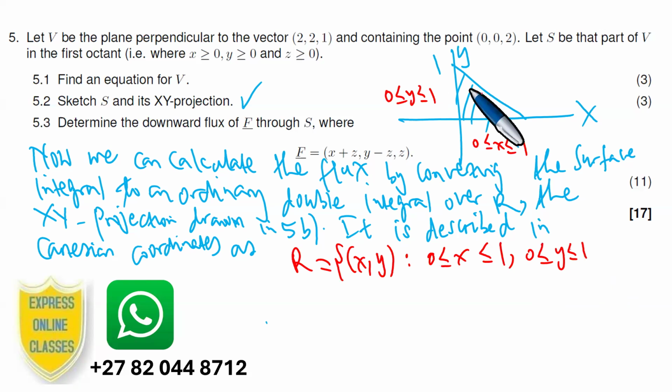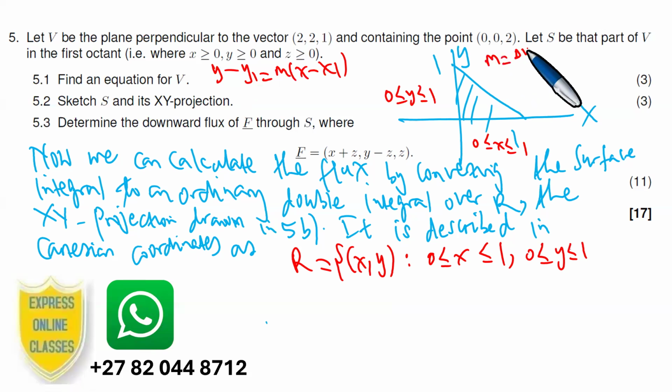But why can we find the equation of this? Because how do you find the equation of a line? You use y minus y1 equals m times (x minus x1). So what you do is you find the gradient of this. The gradient of a line is change in y over change in x.